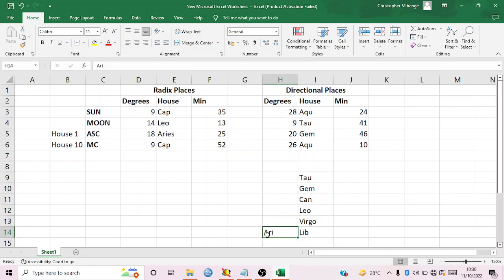The first thing is that we start with the first house, put it here on the last position down, and then we'll start counting the houses according to their position. So from Aries, we go to the second house, and then the 7th house should fall where Aries is, right? And then we'll continue the count. From Libra, we're going to go to the 8th house, which is Scorpio.